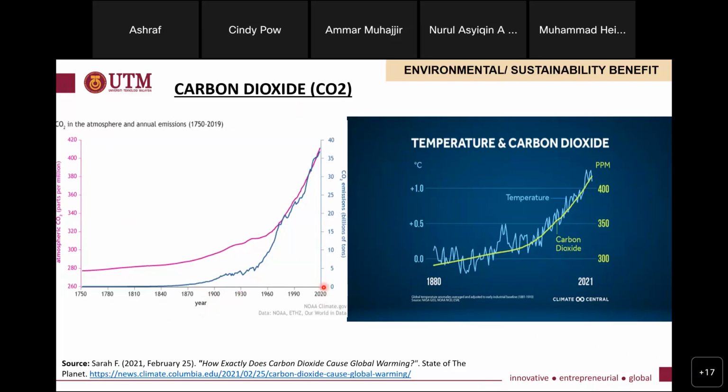And because of that, the temperature also increases as the CO2 emission increases. So we want to help reduce the carbon dioxide emission in the world. Next slide.